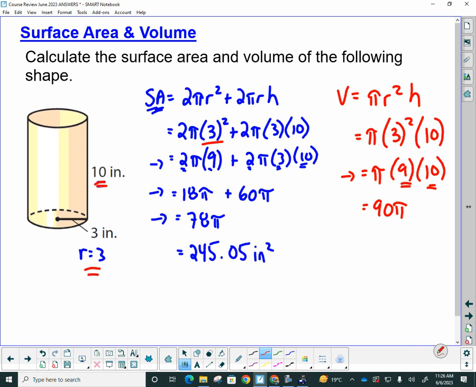I'm going to go to my calculator and push 90 times pi. And that will get me 282.74. And now we're talking volume. So it's inches cubed. All right, we're talking the volume. Everything inside is inches cubed.